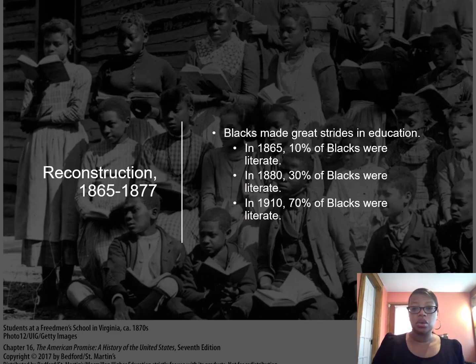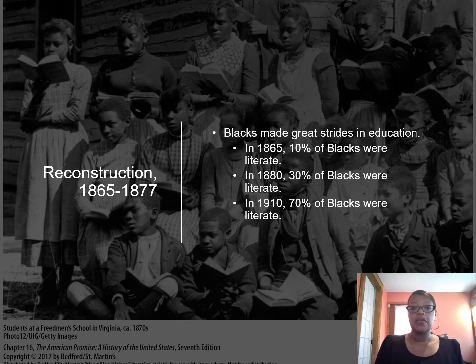In addition to having a greater political voice, black people made great strides in education. As we know, during slavery, African Americans were not permitted to read. They were not permitted to gain any kind of knowledge. So as soon as slavery ends, Black people rush to learn to read.